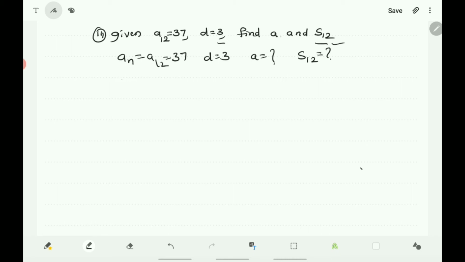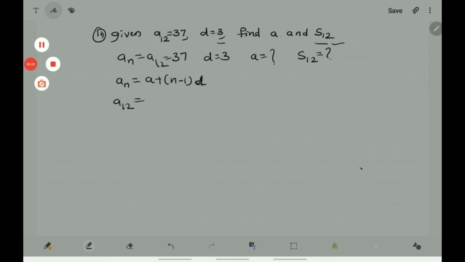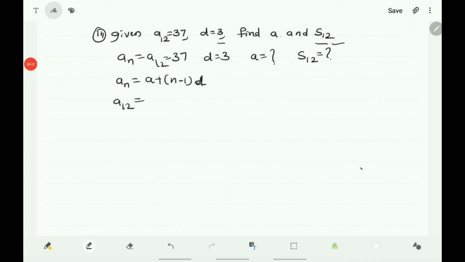Now use the formula an is equal to a plus n minus 1 into d to get a. Here an means a12, a is to be found out. a plus n is 12, 12 minus 1 into d, that is 3, is equal to 37.